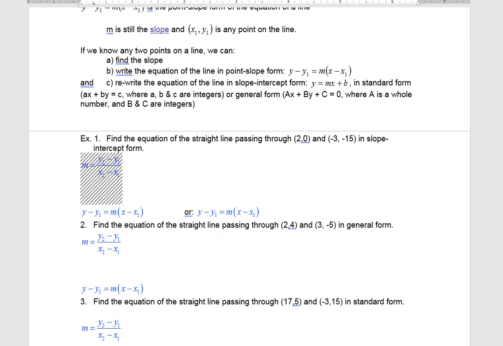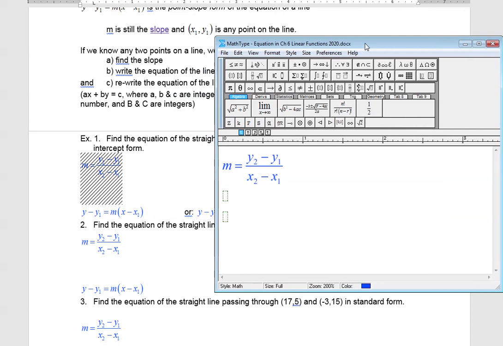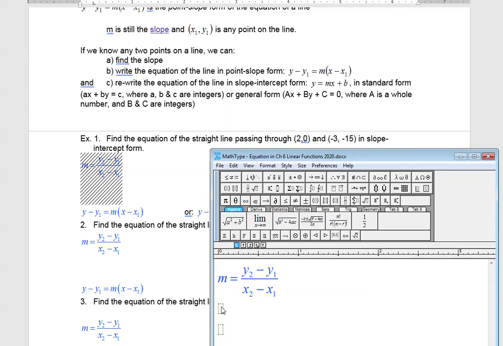So we calculate this slope, and I'm just going to bring this over here so you guys can see what I'm doing. So we put in these points, which in this case is minus 15, subtract 0, over minus 3, subtract 2.